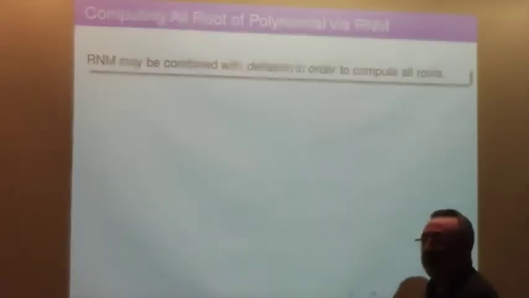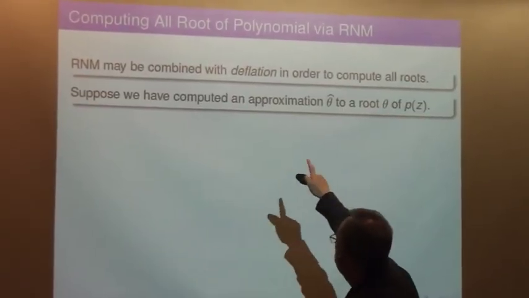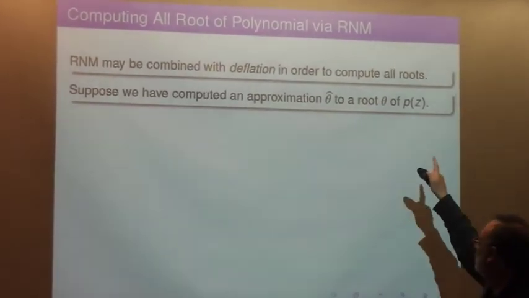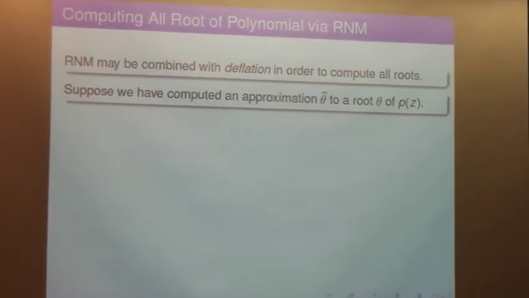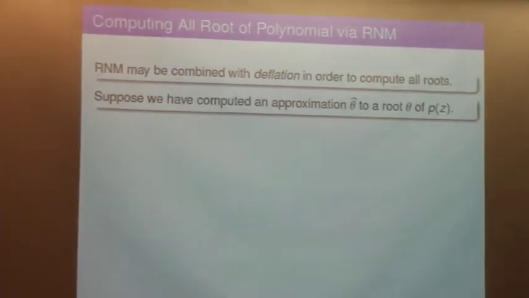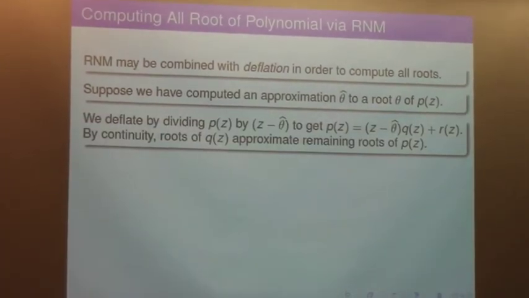Computing all roots of a polynomial. How would we compute them? We know that RNM can be combined with deflation in order to compute all roots. Suppose we have computed an approximation to a root. We can factor it out.